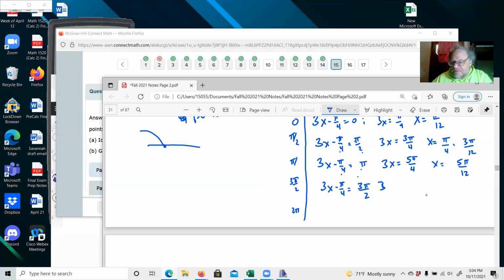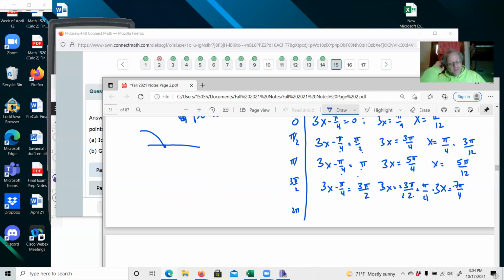Okay, so this is going to be 3x is equal to 50 cents, right, plus 25 cents. Okay, so we can go ahead and do something like this, get common denominators. So we have 6 pi over 4 here. That's equal to 7 pi over 4. So we have 3x equals 7 pi over 4, right?